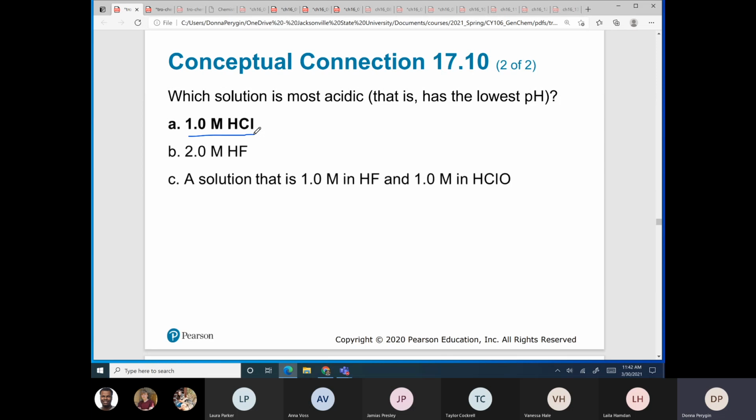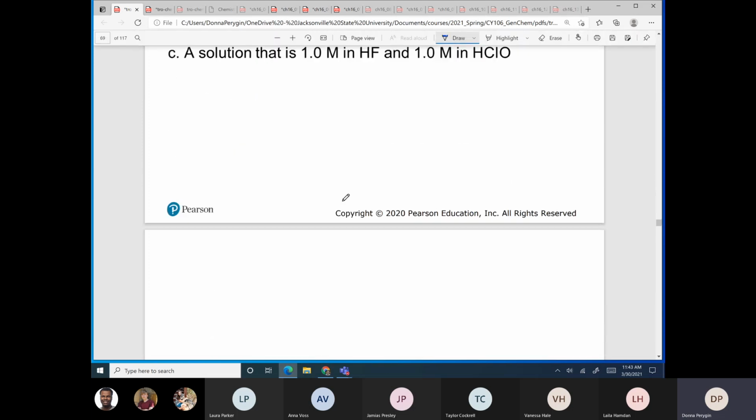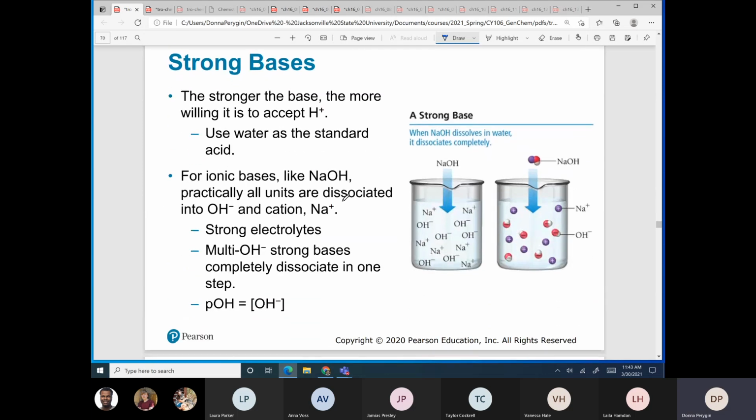I don't even know how you would determine that from this information, because you're not given the Kas or anything. But anyway, this is opposing trends here. What they're saying is that a weak acid is going to have a higher pH than a strong acid in general, even if you have double the concentration. I don't really see how that's that relatable to their point.